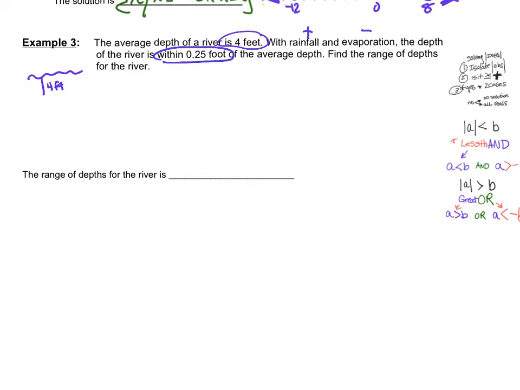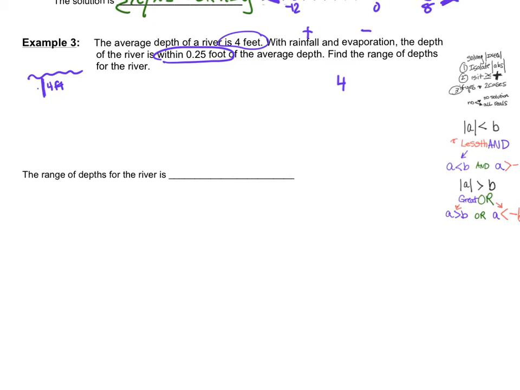What this is saying is that if the average depth of the river is 4 feet, I said diver, but the average depth of the river is 4 feet, not of the diver. So if the average depth is 4 feet, that's the average.